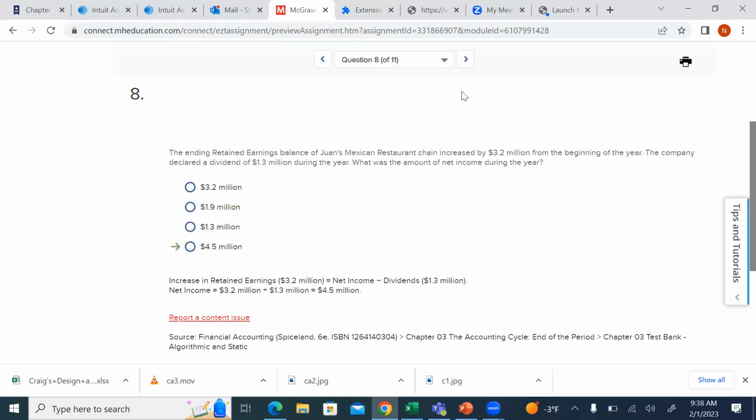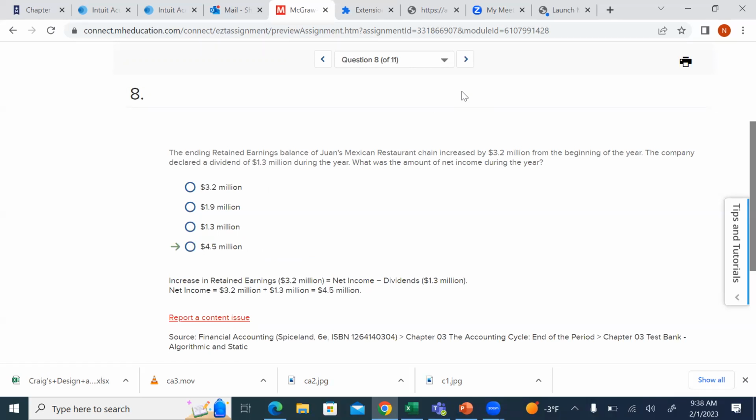The ending retained earnings balance of Juan's Mexican restaurant chain increased by $3.2 million from the beginning of the year. The company declared a dividend of 1.3 million during the year. What was the amount of net income during the year? Think about it.